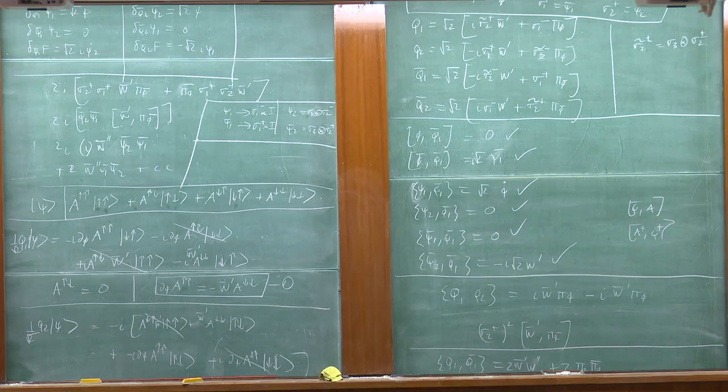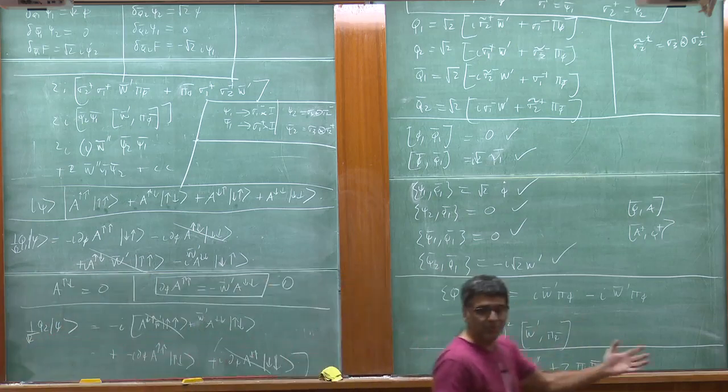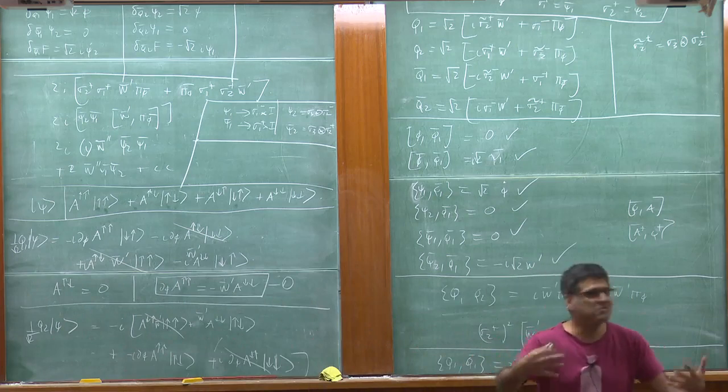Now, in our system, we will have more structure, because we don't have just a Q and a Q bar. We have two Qs and two Q bars.